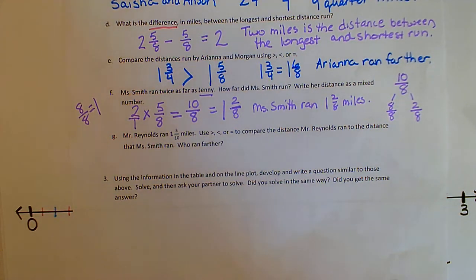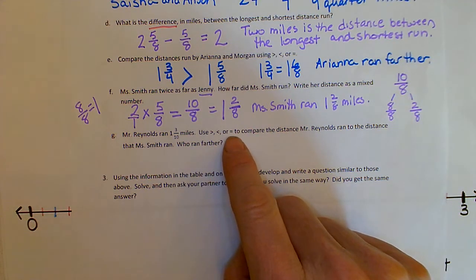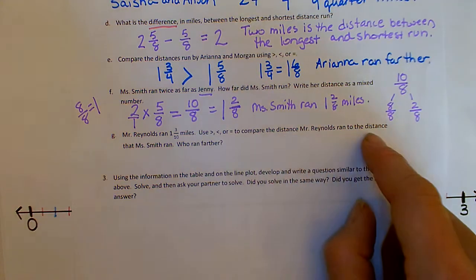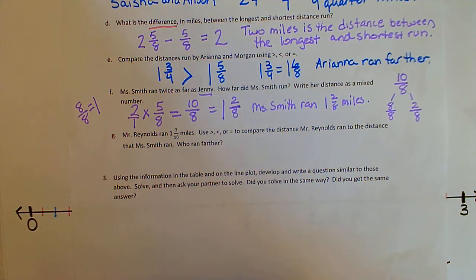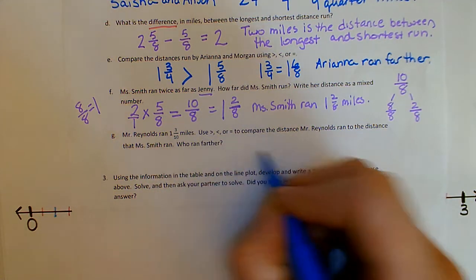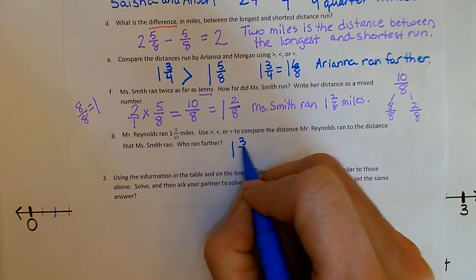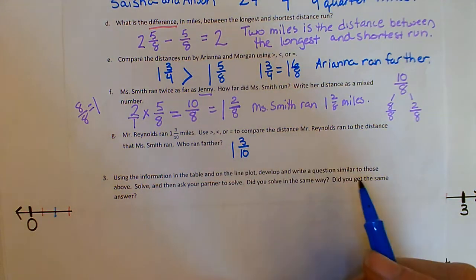Mr. Reynolds ran 1 3/10 miles. We want to compare that distance, using greater than, less than, or equal to, to the distance that Ms. Smith ran. Who ran farther? So let's jot down those two numbers so that we can show it. Mr. Reynolds ran 1 3/10 miles.